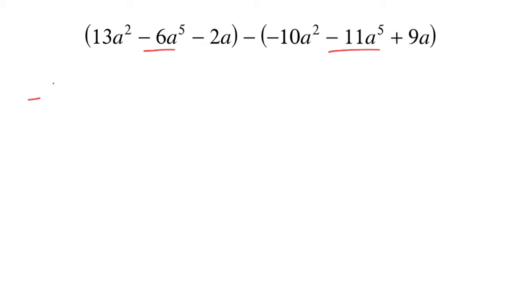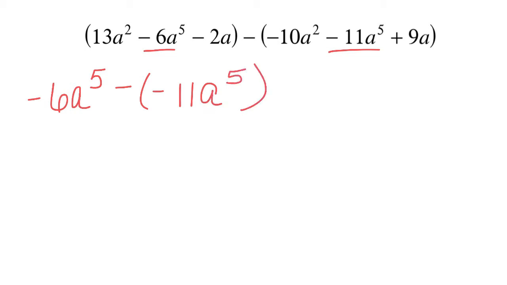So I have negative 6a to the 5th minus negative 11a to the 5th. I know that those two subtractions together change to a positive. Negative 6a to the 5th plus 11a to the 5th gives me positive 5a to the 5th because I kept the sign of the bigger number, which is now negative.